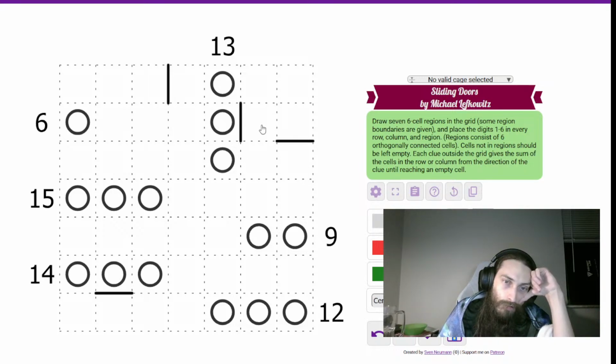Oh, wait a second. 6 is maximum 3. So we know the empty cell is somewhere in these 3. So this has to be not empty, and that not empty.